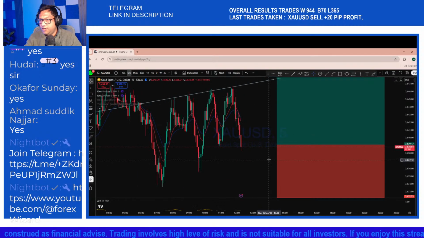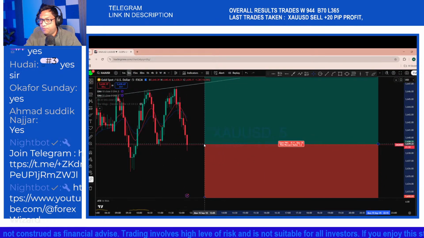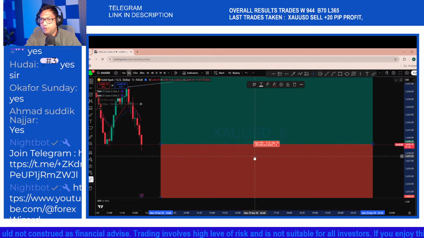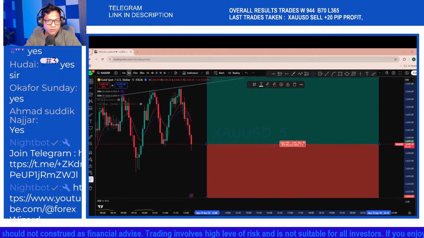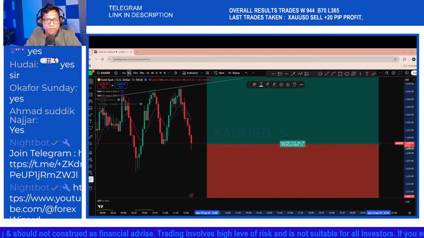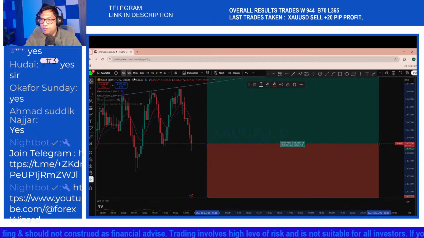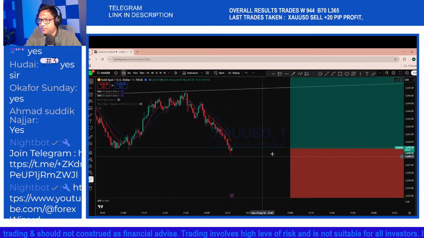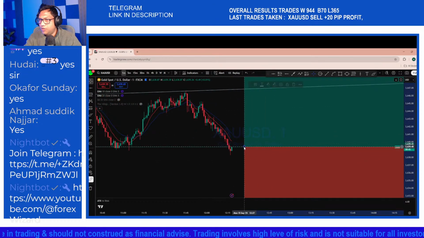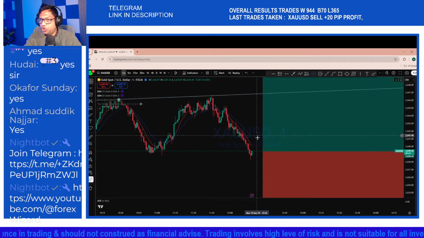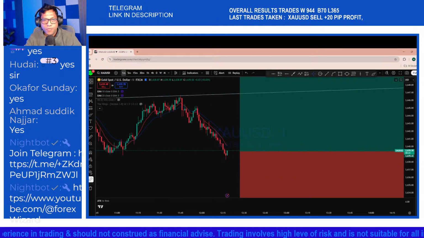Now if you look here, this is a complete break of support, and it's in a very sharp downtrend. I'm not expecting a bigger move to the upside, but any short-term move will be okay for me.